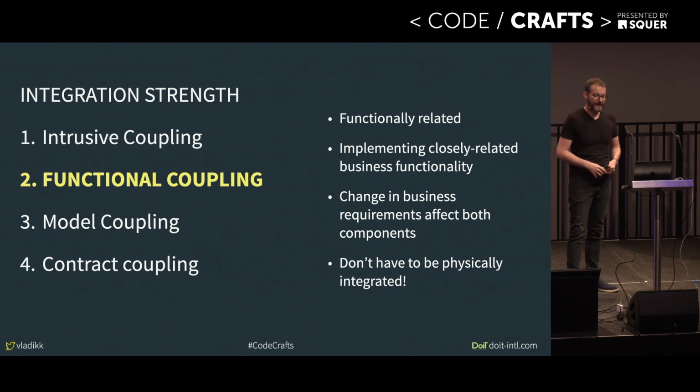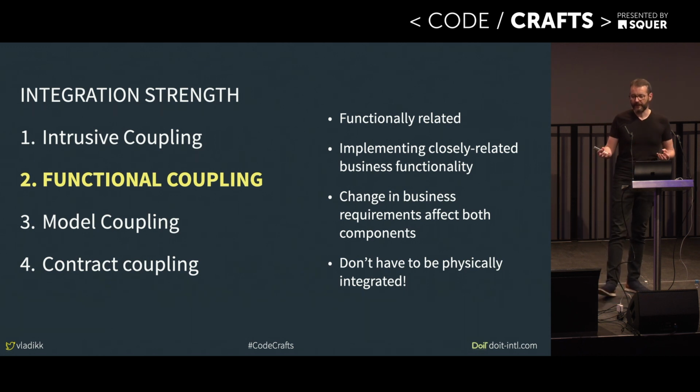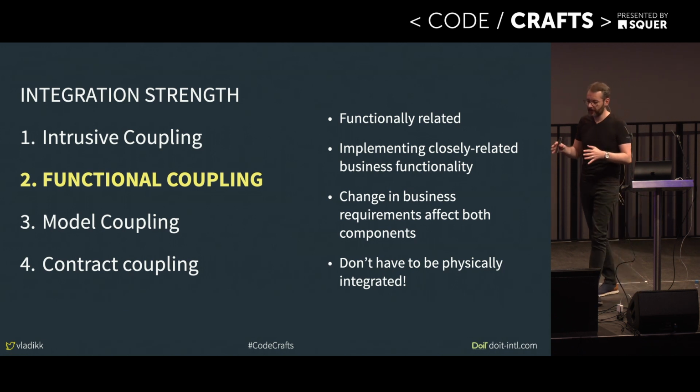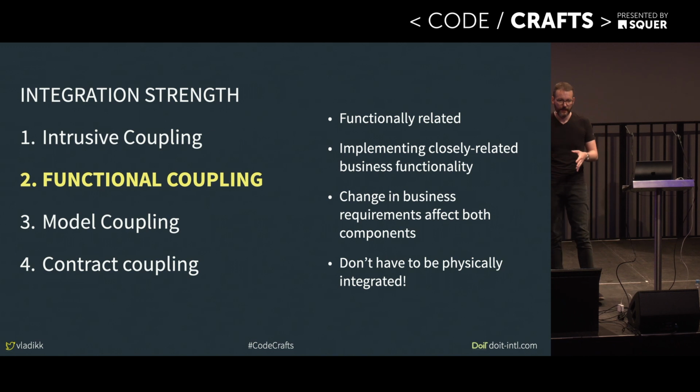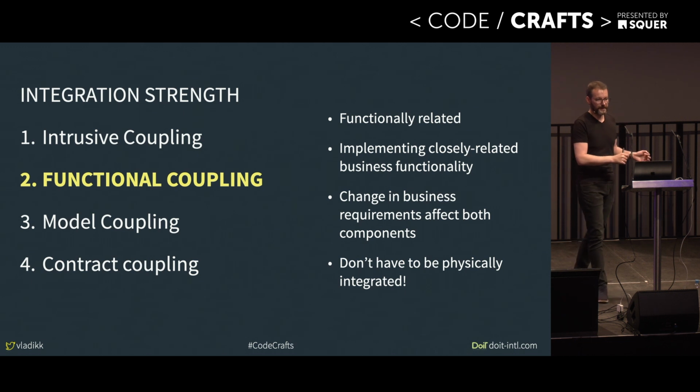Functional coupling means that two components implement closely related functionalities, business functionalities. Its practical implication is that the same change in business requirements is very likely to trigger cascading simultaneous changes in the two components. They will have to change together.